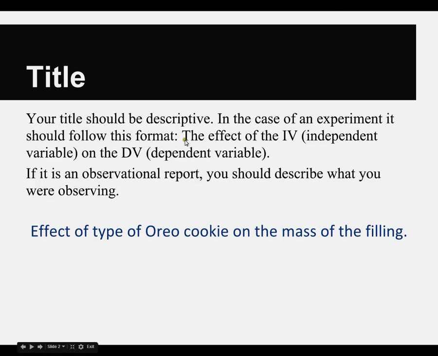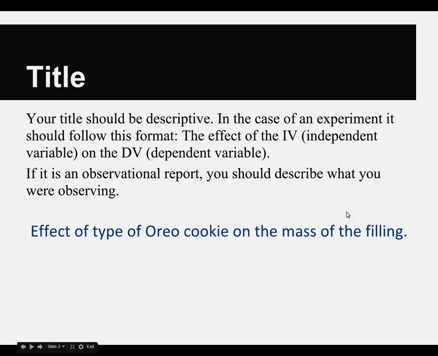And you literally write the effect of the independent variable, whatever that may be, on the dependent variable, whatever that may be. So, effect of type of Oreo cookie, which is my independent variable, on the dependent variable, mass of the filling. And that's it.